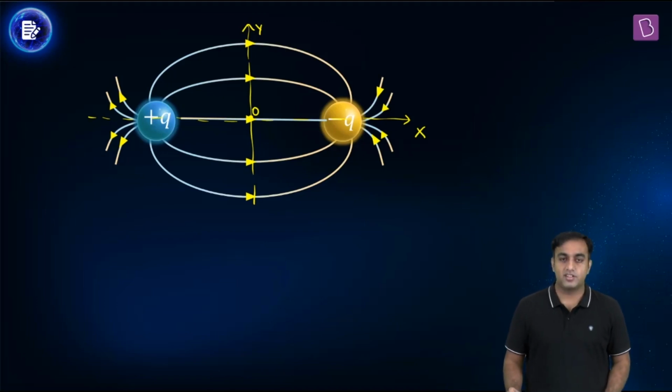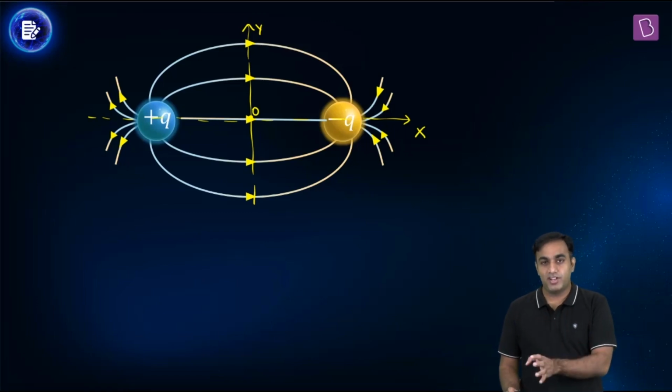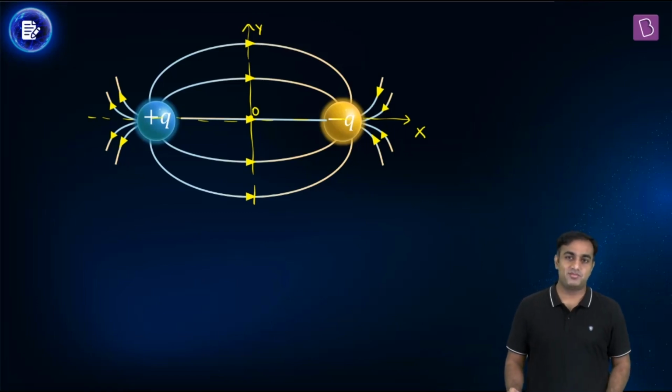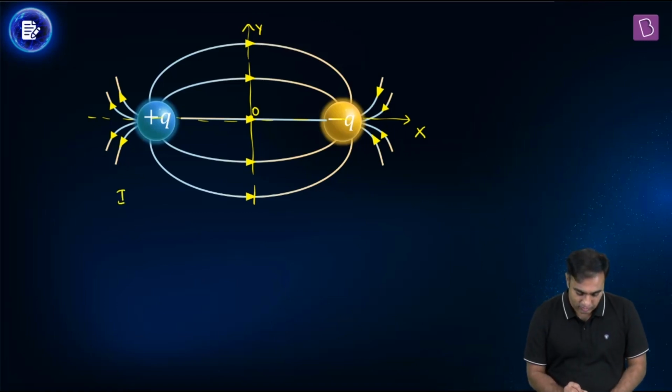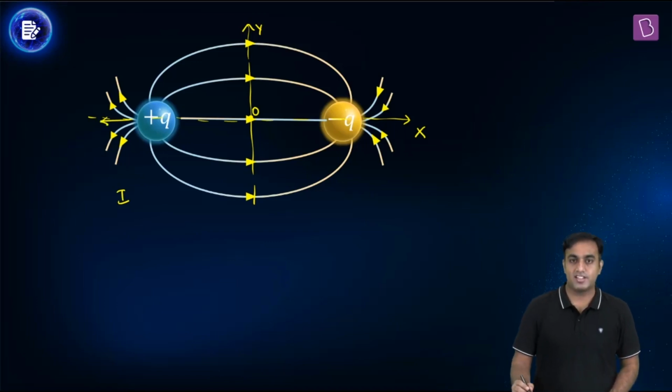Look at the charges. They're equal in magnitude. Exactly why the number of field lines around plus q is as good as the number of field lines around minus q. Now, look at the direction of the field. In the region number 1, the direction of the field is along negative x-axis.